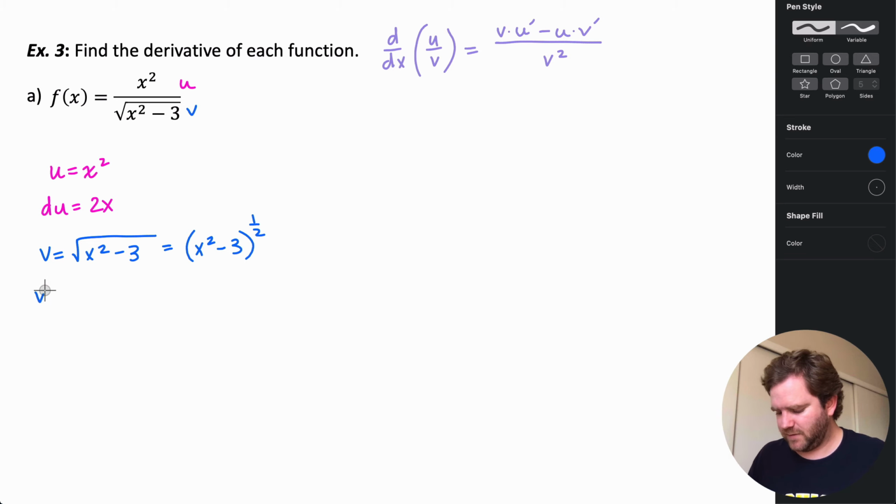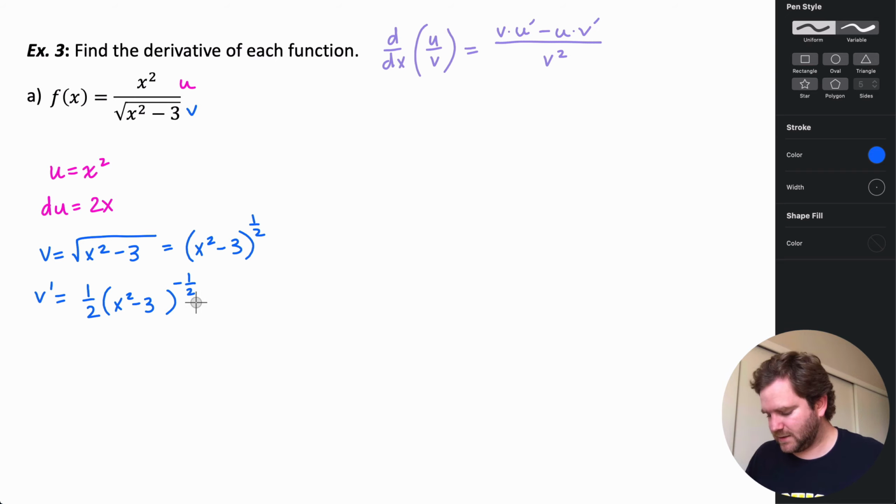So if I want to find v prime, it's going to be the 1/2, the derivative of the outside function, the something to the 1/2, leaving the inside alone, so x squared minus 3, all to the power minus 1, so 1/2 minus 1 is negative 1/2, and then times the derivative of the inside. The derivative of the inside is going to be 2x and then a 0.